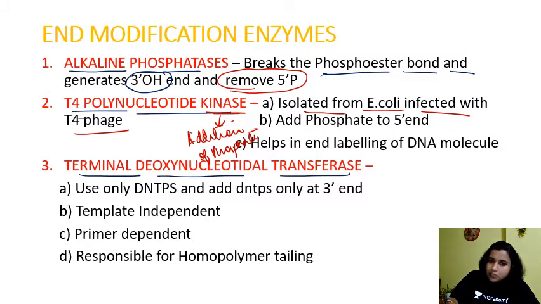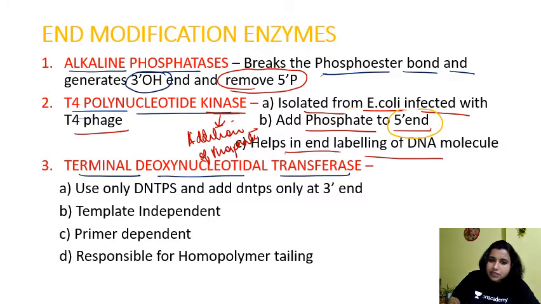T4 polynucleotide kinase, isolated from E. coli infected with T4 phages, adds phosphate to the 5' end. It helps in end labeling of the DNA molecule. So this polynucleotide kinase will add 5' phosphate and also helps in the labeling of DNA molecule.